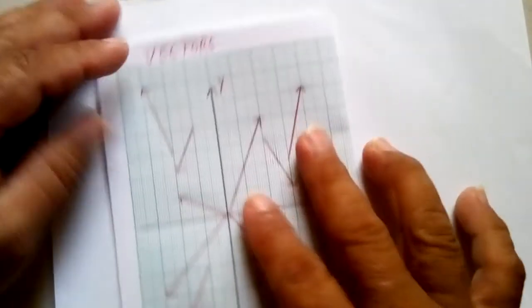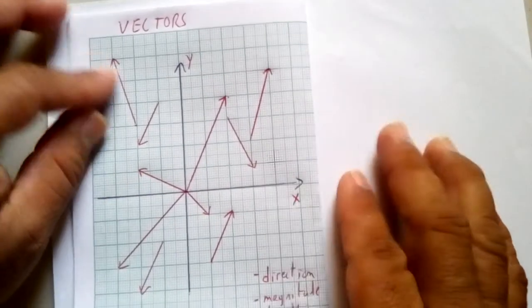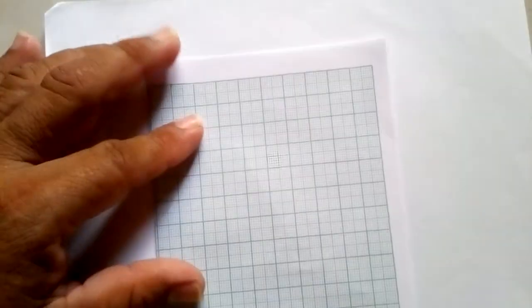Now let me bring this sheet of paper here, and I'm going to turn to another page so we can see our vector. I'm not going to use this one because it might be too jumbled up. So I'm going to choose this other page to describe our vector.